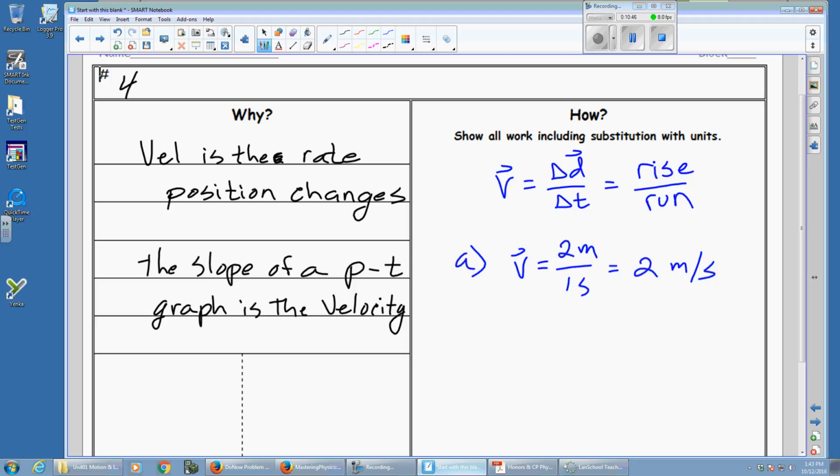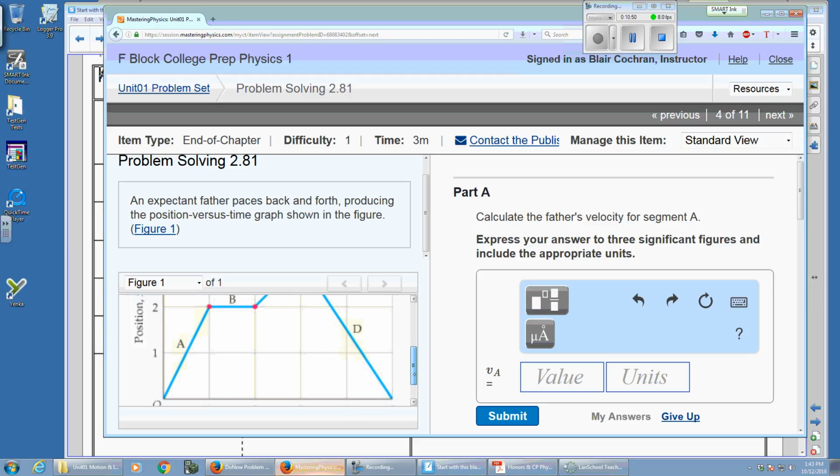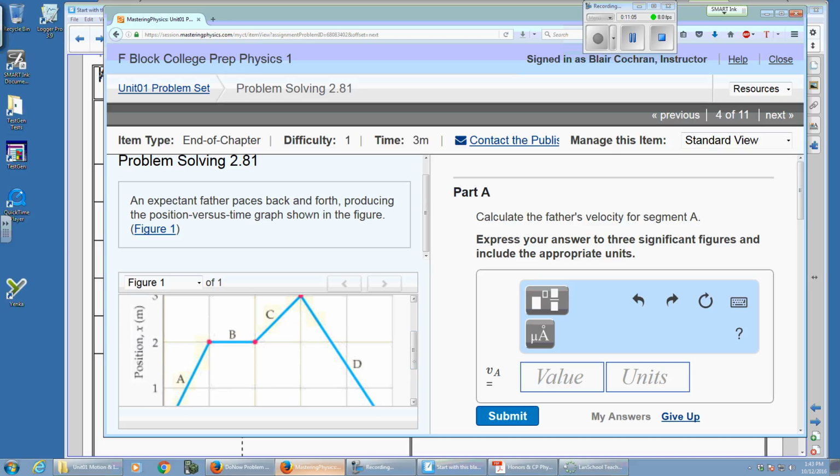Now, the only kind of caveats here, what do you notice about B? There's no slope, so what number is it going to be? 0. What about D? Look at D. It's going to be negative, because you're going to have a negative rise over your run.